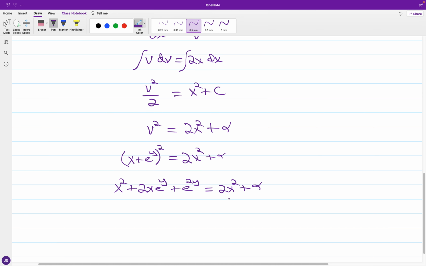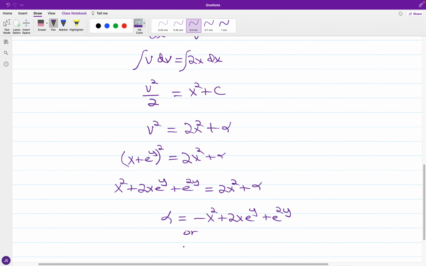If I take 2x squared away from both sides and isolate alpha, we have alpha is equal to negative x squared plus 2x e to the y plus e to the 2y.